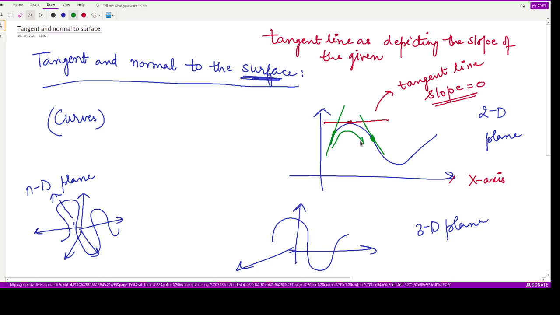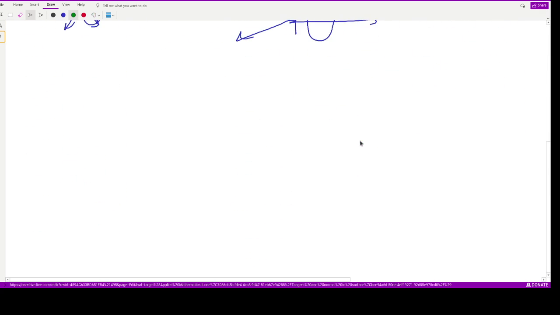So how do you calculate the tangent to a particular curve in the initial case? We have identified the tangent line with the corresponding derivative, because the derivative tells you what is the slope of the tangent line.